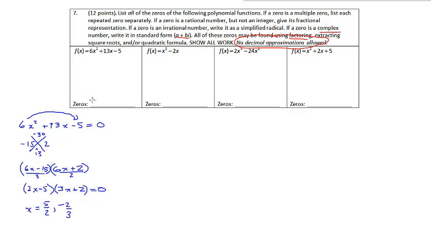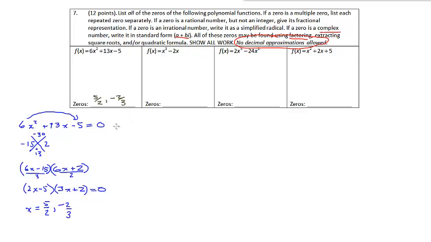Those are my zeros. So I'll write them up here. So the zeros here are 5 halves, negative 2 thirds. And you could check that by graphing it. But you wouldn't get this exact answer if you graphed it and used your calculator.